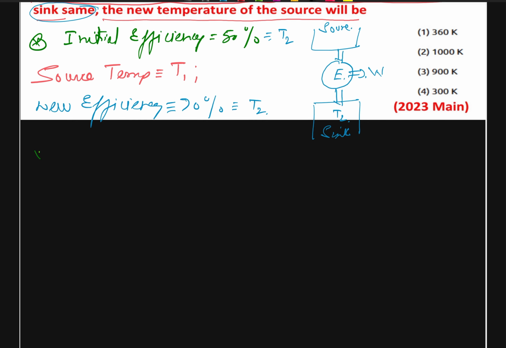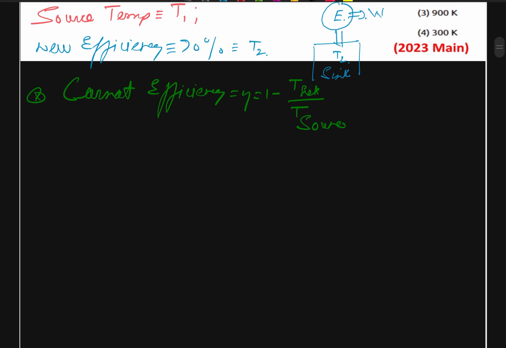And we know that for the Carnot engine, the Carnot efficiency, that is eta, is equal to 1 minus temperature of our sink divided by temperature of our source. So we can divide this formula into two parts.